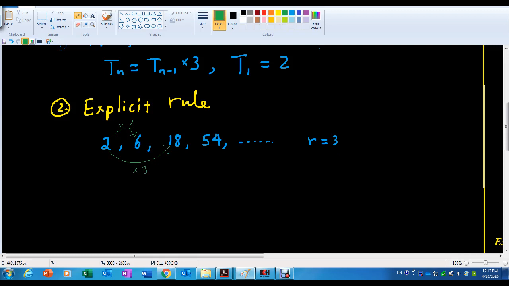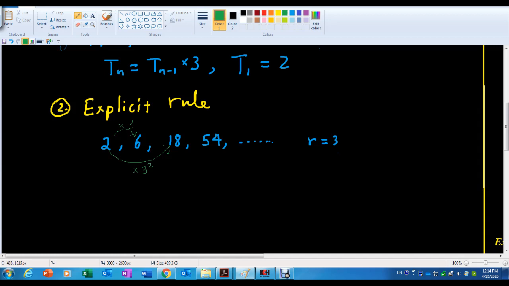Multiply by 3 and times another 3, right? Because you multiply by 3 to get 6, and 6 multiplied by 3 to get 18. So from 2 to 18, you are going to multiply 3 twice. So that means it should be multiplied by 3 squared.